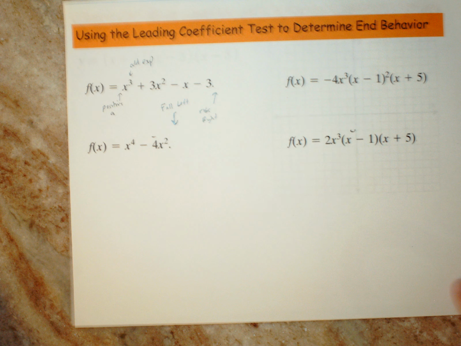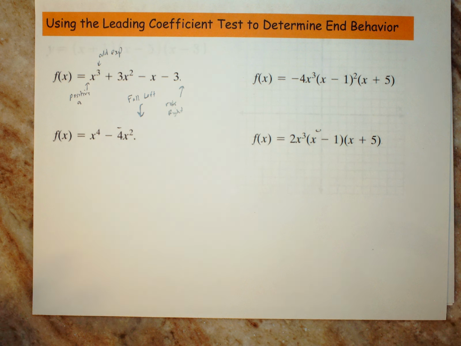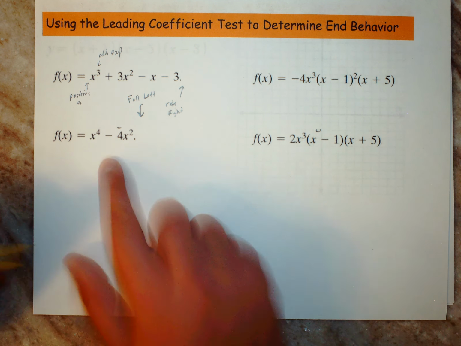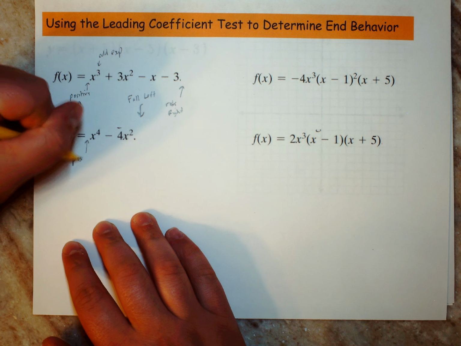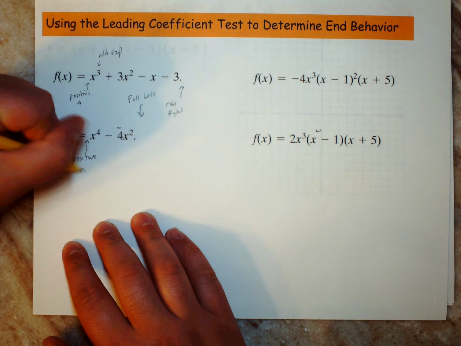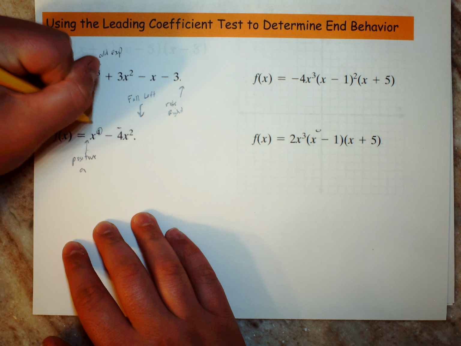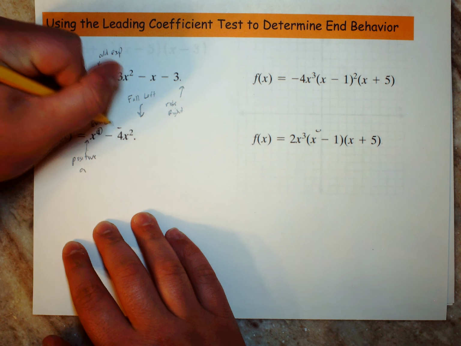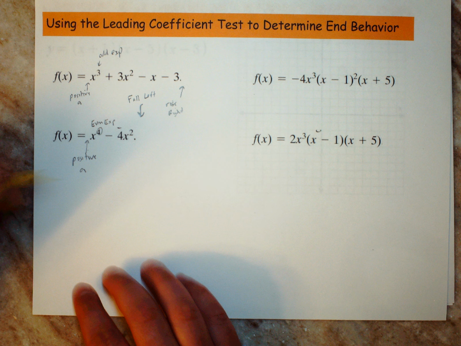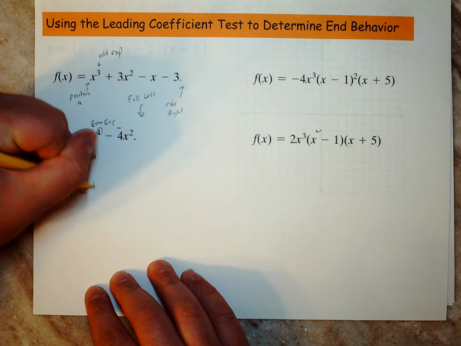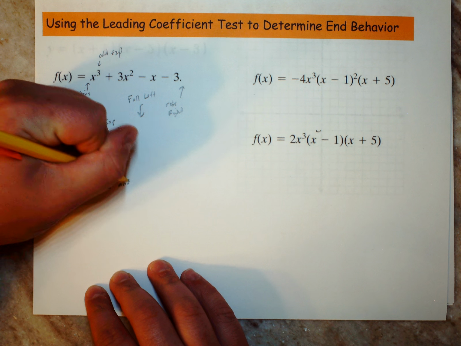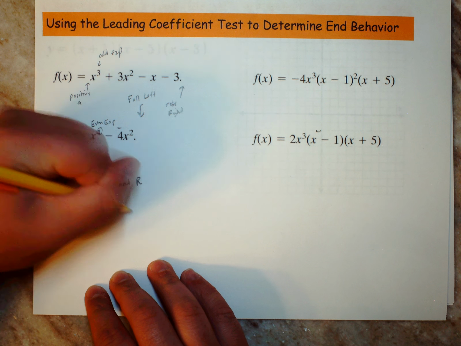It's going to fall left and rise right. Right here under it, we have a positive a value and an even exponent. So this one is going to rise to the left and right.